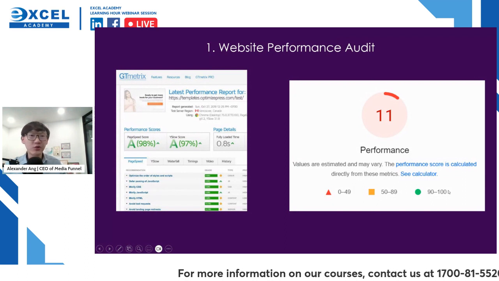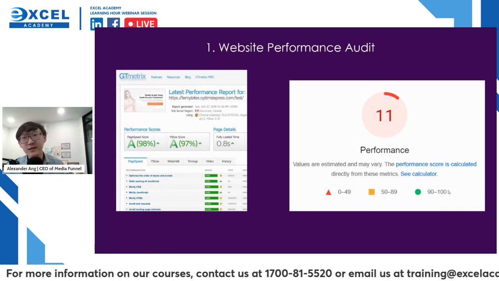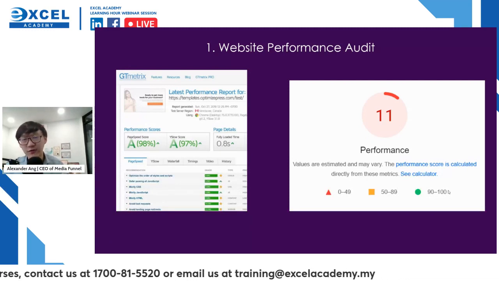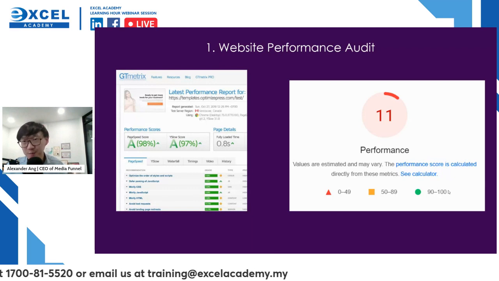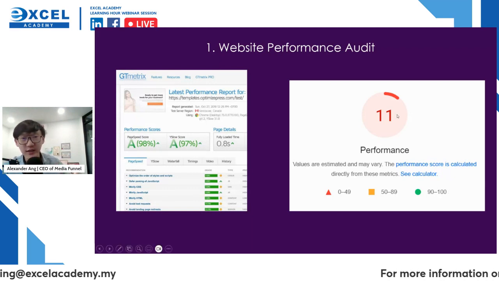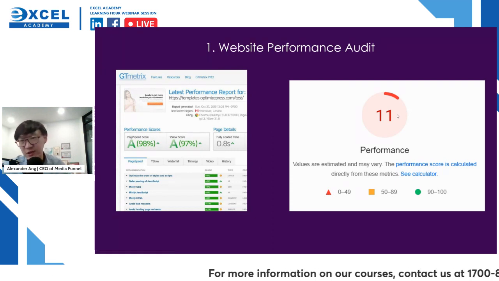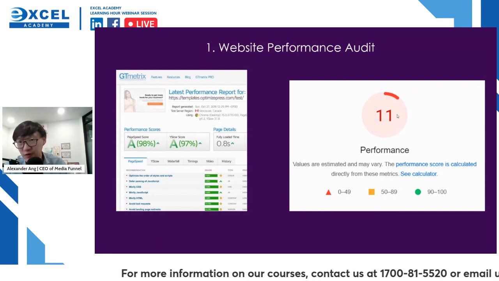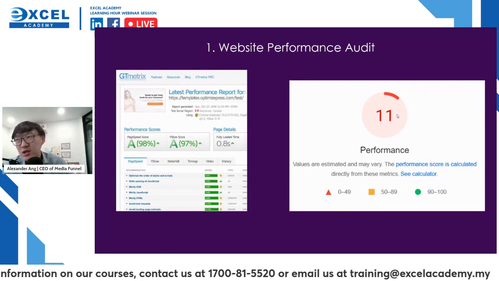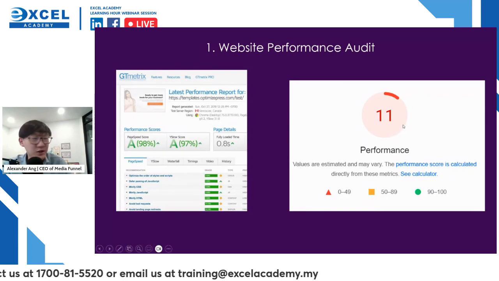Website performance is critical to Google because if your website performance is not on par, it is an indication of a bad UI and UX. If your performance score is low, it is an indication that your UI and UX have some issues that you need to improve. For example, maybe your loading speed is very slow, or maybe your mobile is not responsive, or not mobile friendly.